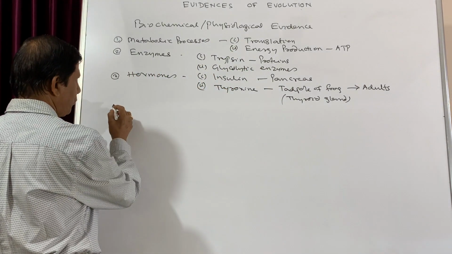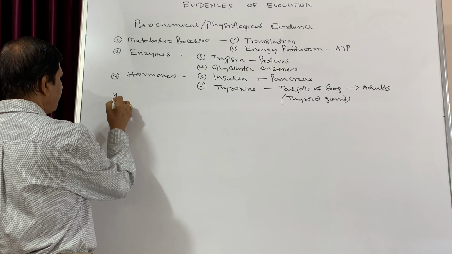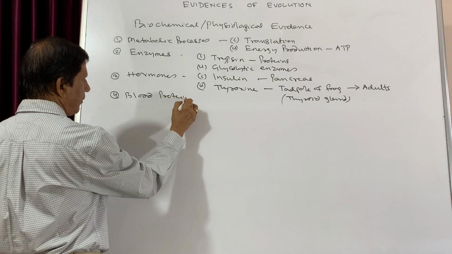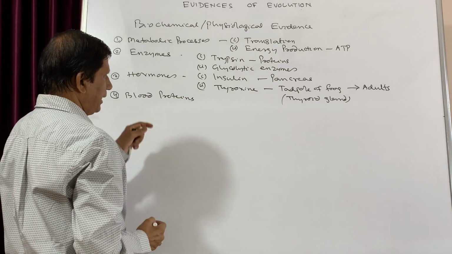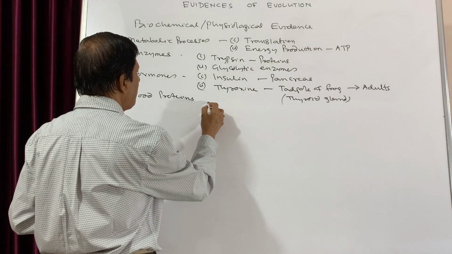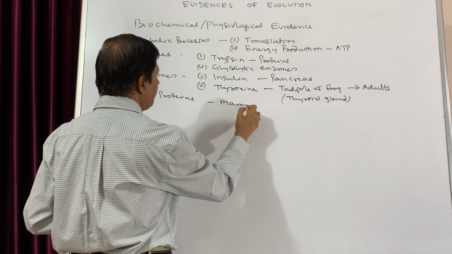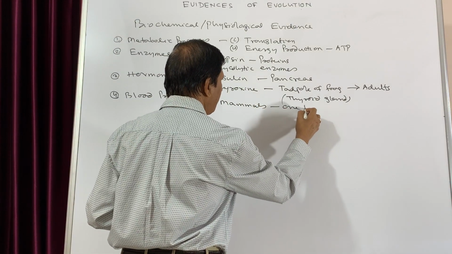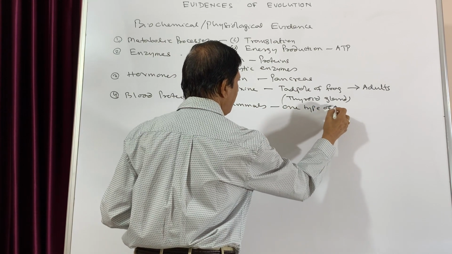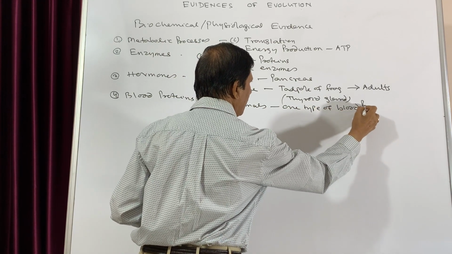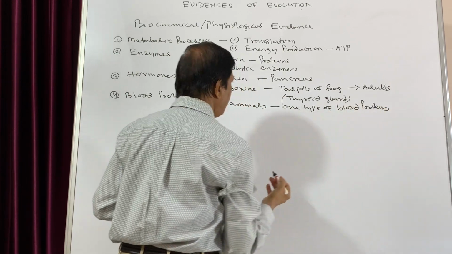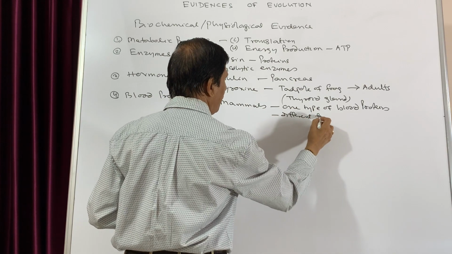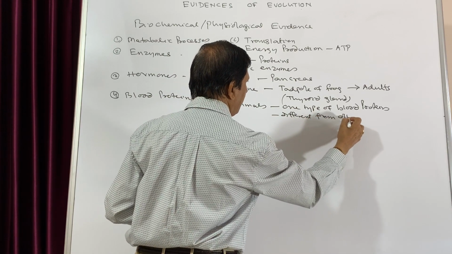Then come to the fourth one. The fourth one is blood proteins. So in case of mammals, there is only one type of blood proteins, and they are completely different from other vertebrates.